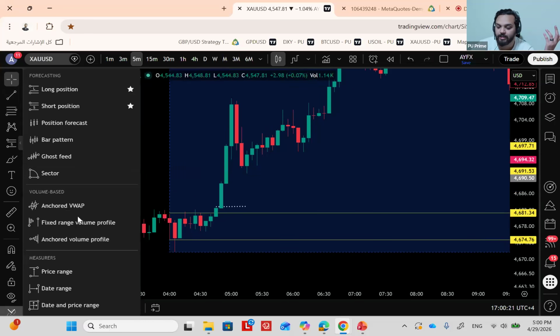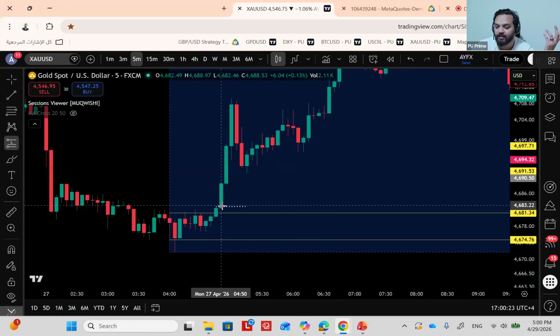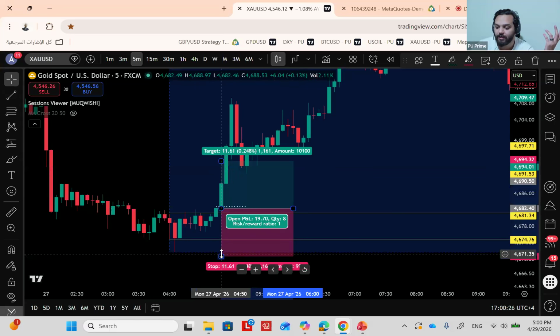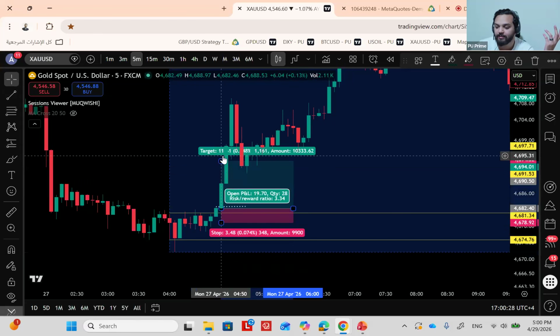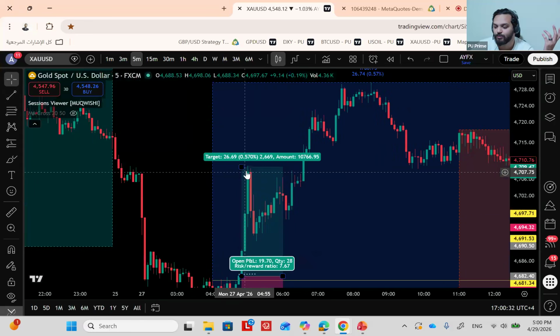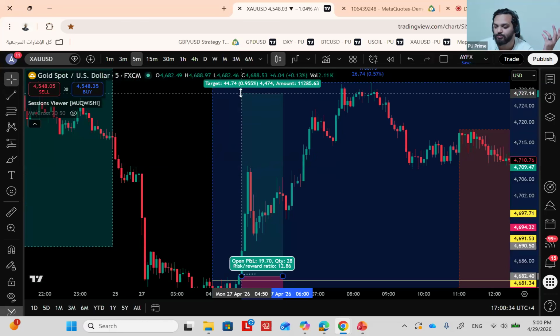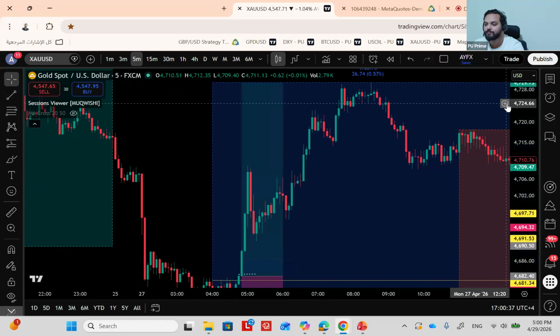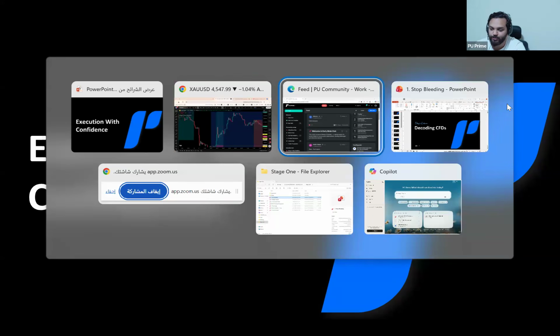And you can see the magic. Long, I will enter from here. My stop loss goes below the previous candle, and I will aim for 1 to 2, but it will never give you just 1 to 2. At minimum, it will give you a 1 to 13 risk to reward ratio.